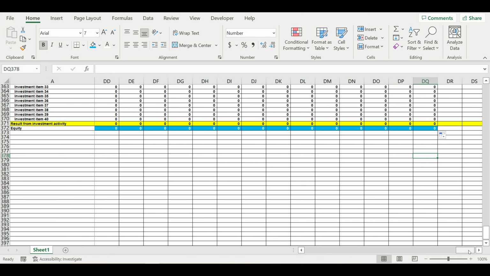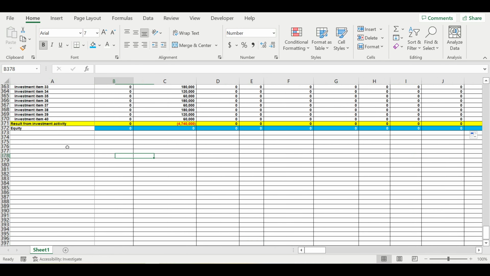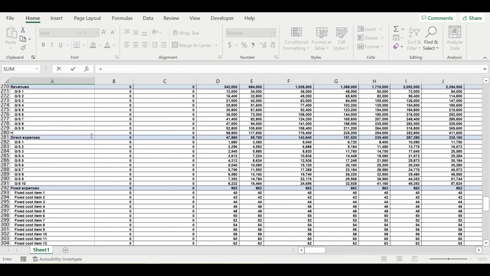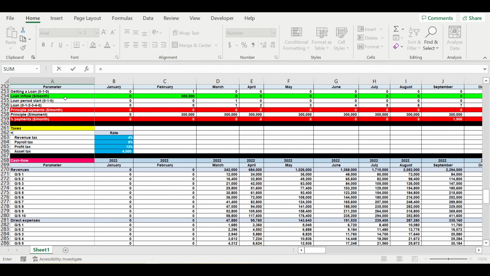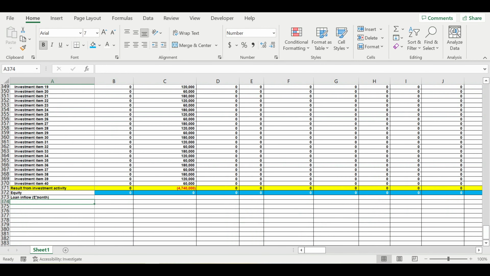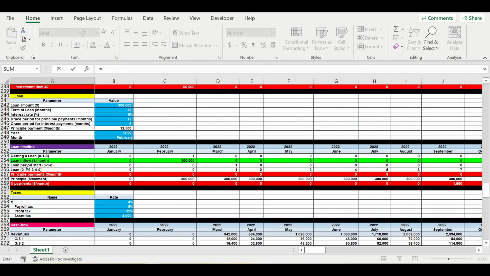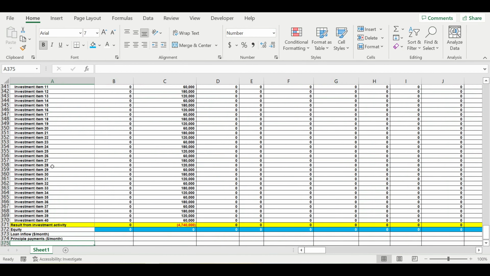Then we add a loan. So this will be the inflow of loan, then we take principal payments and interest payments.